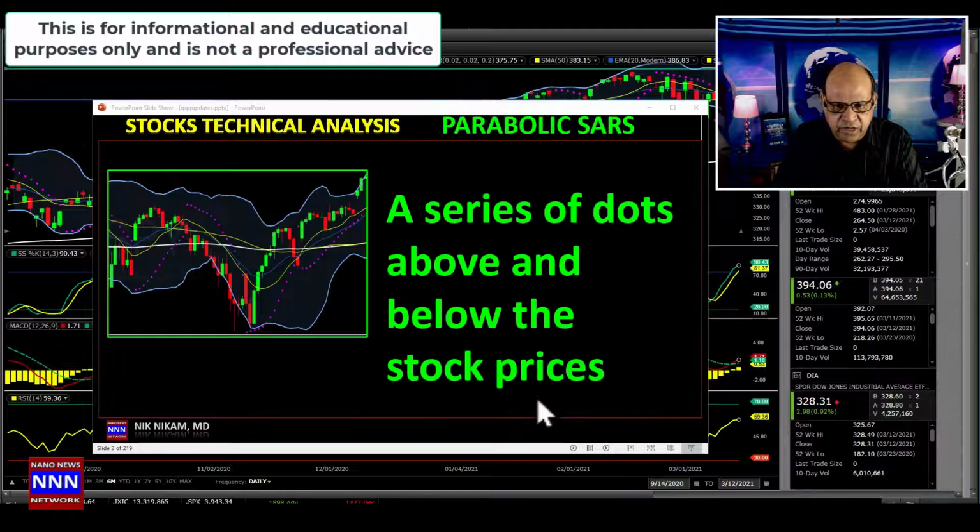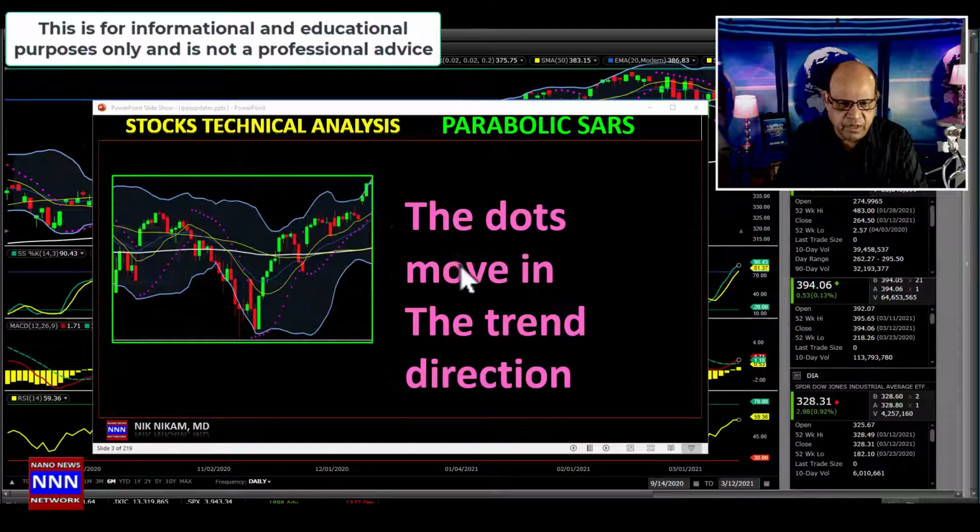Parabolic SAR, just like many other technical indicators or analytical tools, is a series of dots placed above or below stock price candles which serve an important purpose, helping us in identifying major trends and turning points. The dots move in the direction of the stock movement.